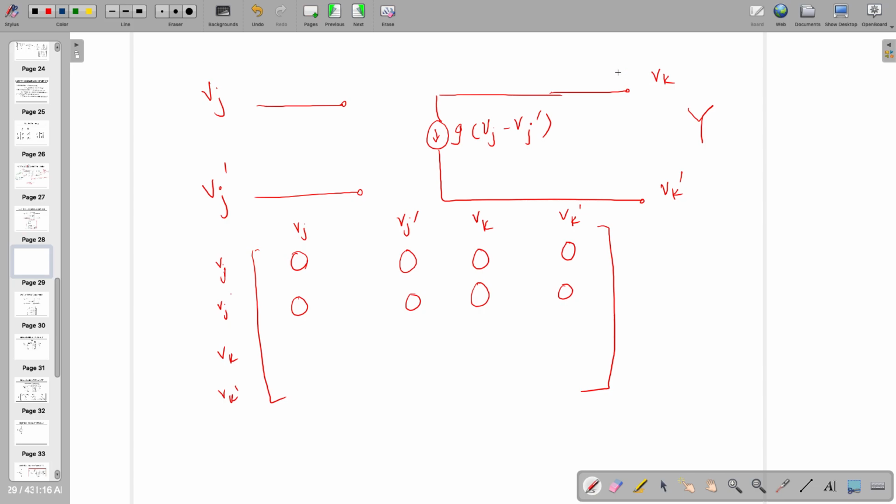When we are looking at Vk and Vj, at that time the other nodes are 0. Effect of Vj on Vk: it's G times Vj. Can you see? The current flowing through this one is G times Vj. So the admittance seen in this path is equal to G, the transconductance.